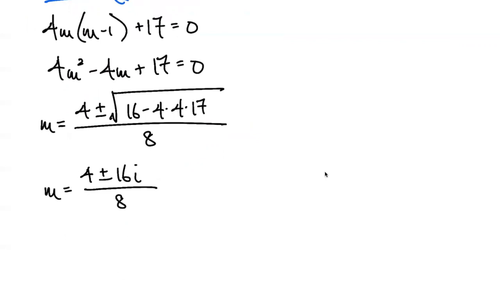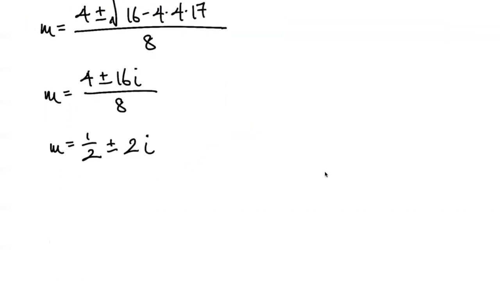And we can go ahead and reduce here, and we should, okay? So 1/2 plus or minus 2i. This allows us to see that our 1/2 is our alpha, or we might want to call that our lambda, and the 2 is our beta, or our mu, if you want to use the same letters as before.